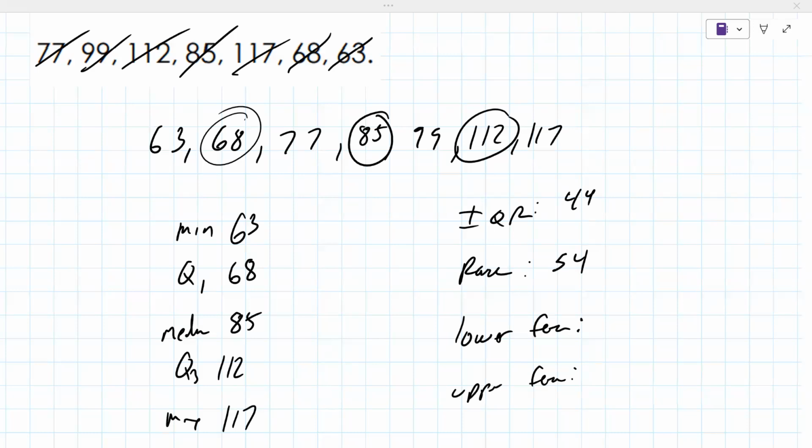Is it 2? So just to be clear, it's 68 minus 1.5 times 44, which is 2. Okay, good.